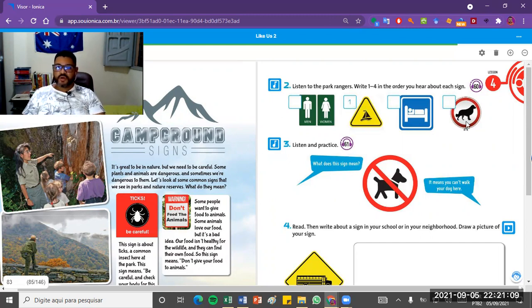Next one is about dorms or places to sleep. So number 4 here. And places where we can go with pets, with domestic animals, so it's number 2, okay? So the number order is 3, 1, 4, and 2. 3, 1, 4, and 2, all right?